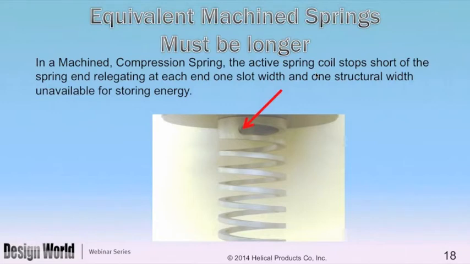So this is one of the reasons why you'll find that machine springs have to be longer for the same given performance that you see in a wire spring. So that also means that if you've got a wire spring that's used in compression and you'd like to have a machine spring to do the same thing, then there's going to have to be some changes. We may have to change the OD or the ID or the length to be able to accomplish the same performance level.